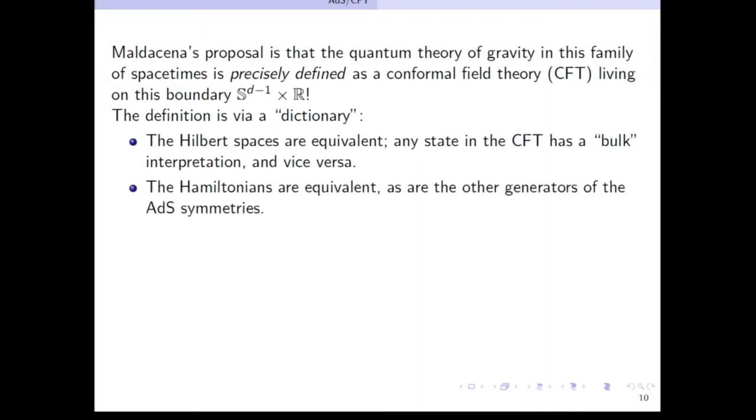The Hamiltonians are the same, as are the other generators of the symmetries. So the states fall into the same representations. The eigenvalues of the Hamiltonian in the CFT are the eigenvalues of the Hamiltonian in the bulk theory that it defines. But these are sort of formal.